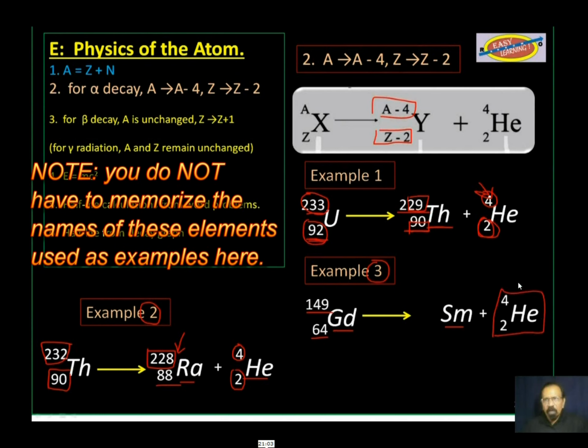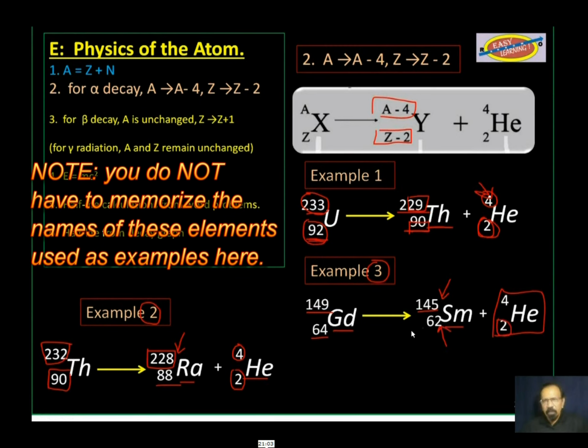So when we look at this samarium in comparison to gadolinium, you notice that this here will be 4 less. So we get 145. And this proton number will be 2 less, that 2 there.